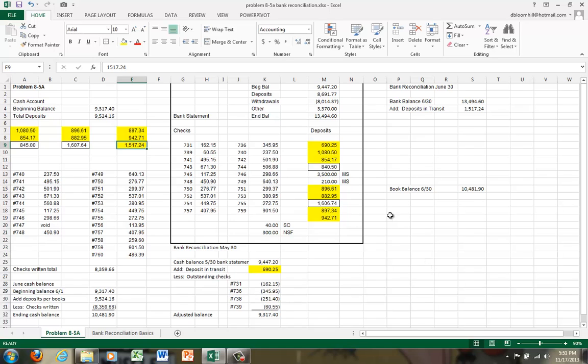Now we have to take care of the two miscellaneous deposits. Those have to be added to the book balance because the bank is showing those increasing the bank balance. They're good deposits, but we're not showing them. So we have our miscellaneous deposit, and that looks like also the interest earned on that deposit.